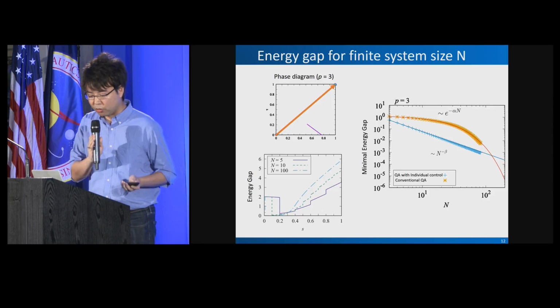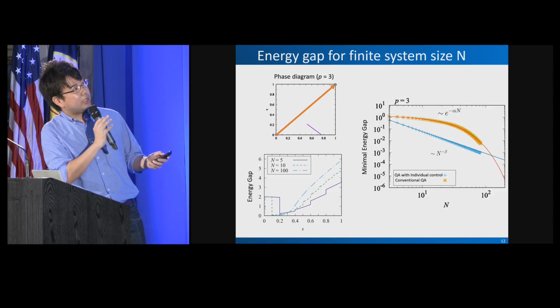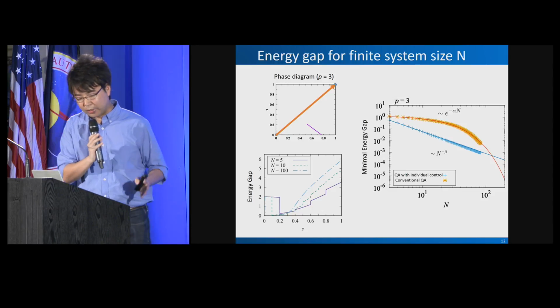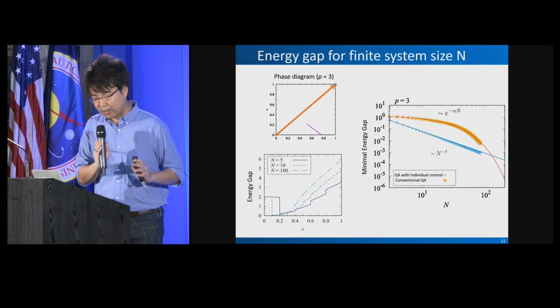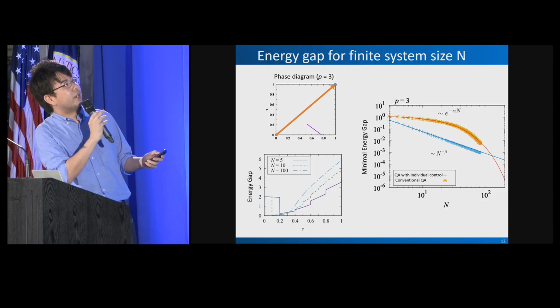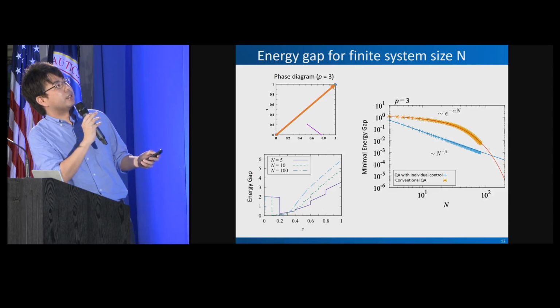This step form comes from the rounded up n1 minus tau. It shows the energy gap for N equal 5, 10, 100.